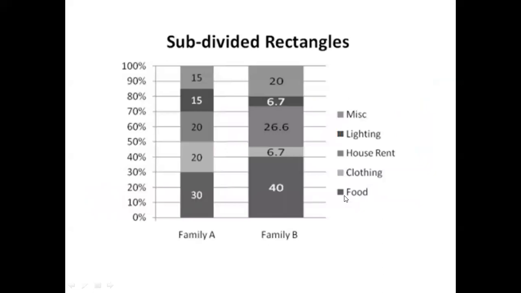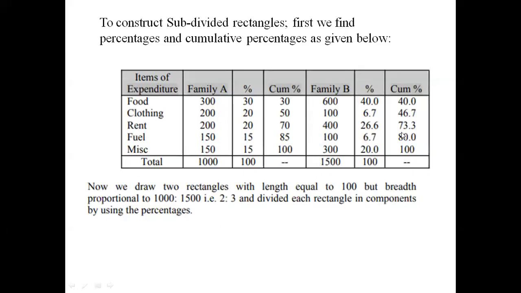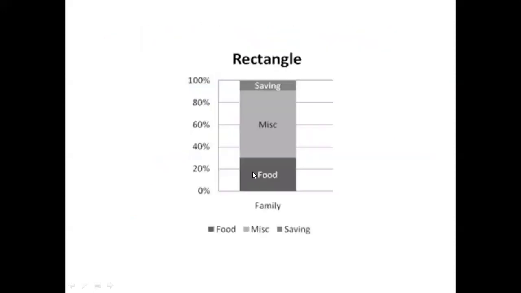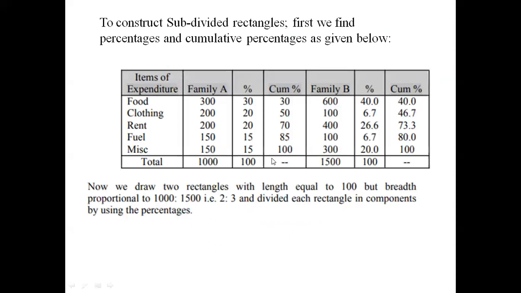Food 30%, see food 30%, clothing 20%, house rent 20%, lighting 15%, miscellaneous expenditure 15%. These are the expenditure for the first family. Similarly, second family, the width is different, 40%, and 6.6%, that is we have added, so see where this comes. 40 plus 6.6 is 46.